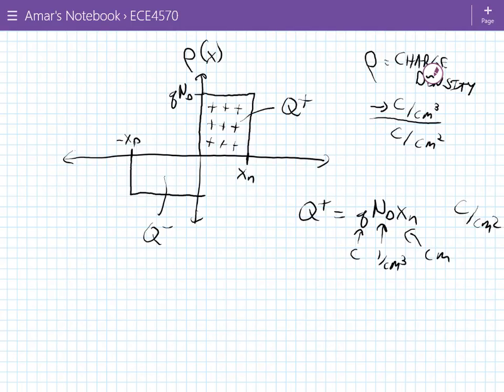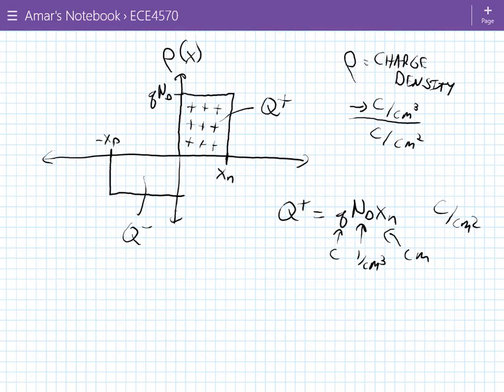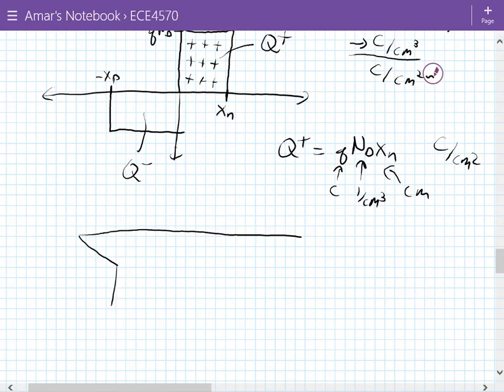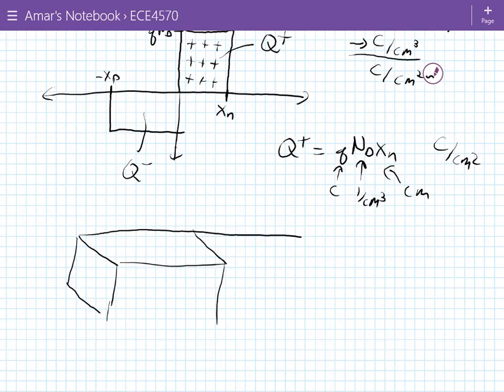Now this isn't giving the total charge. In order to get the total charge, we also have to multiply by the area of the diode. This is one small detail that, if you don't understand, it may confuse you. Remember, a diode is actually a three-dimensional object. You have a p-type material and an n-type material.